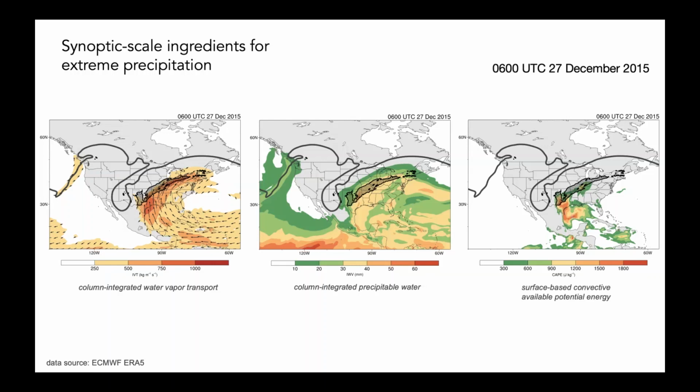So in general, we see in this pattern the elongation of the IVT and the associated moisture plume associated with the atmospheric river favors very widespread heavy precipitation along the front. So these various maps I've shown indicate a favorable combination of dynamical and thermodynamic ingredients for heavy precipitation.